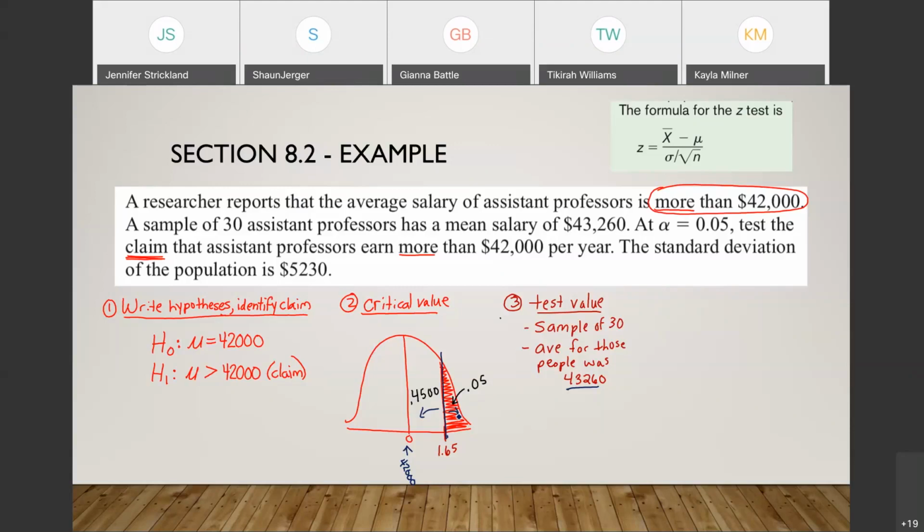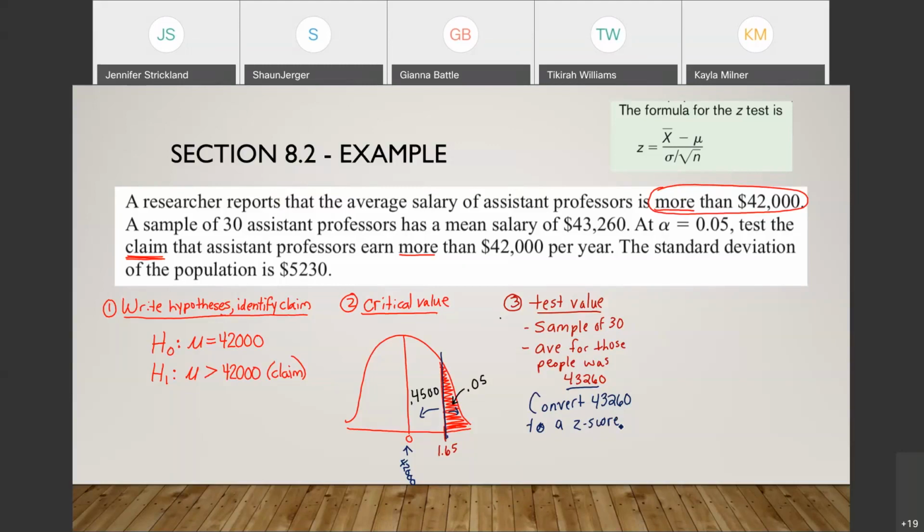That is what we're doing in step 3. We're going to take this 43,260 and convert it to a z-score. Then I'll know which side of the line it's on, because I can compare it to the 1.65.